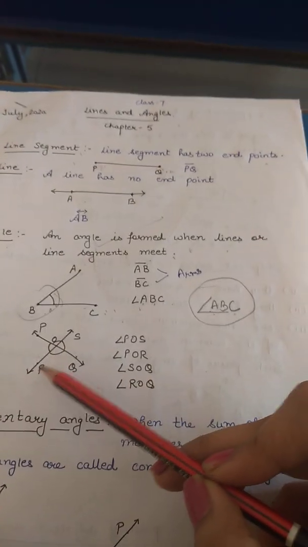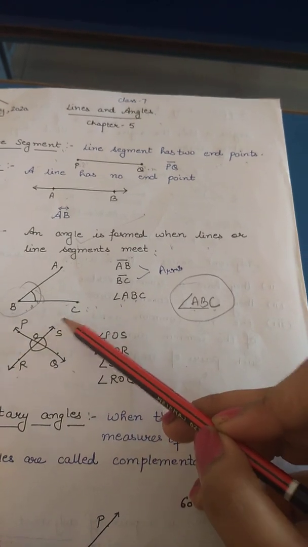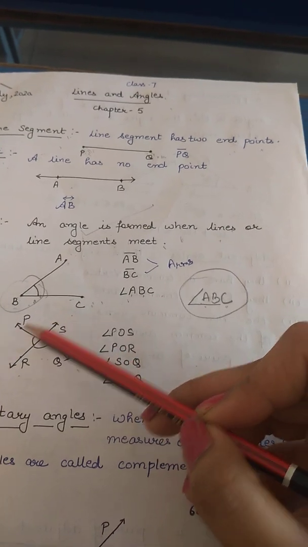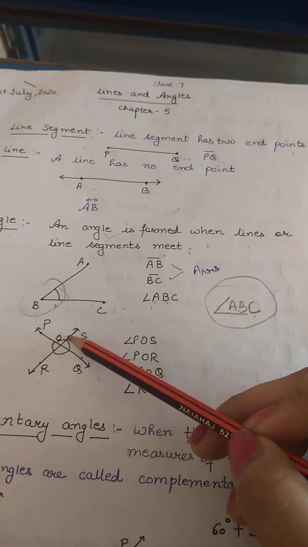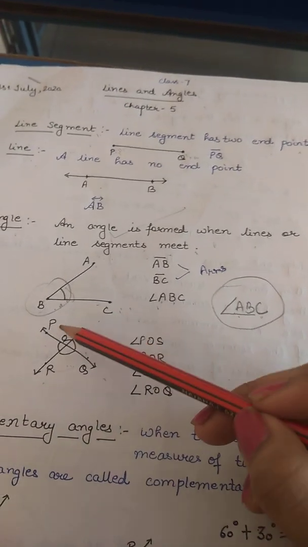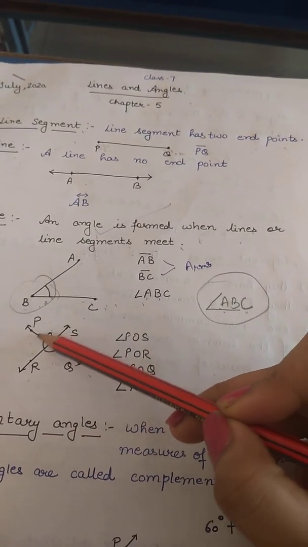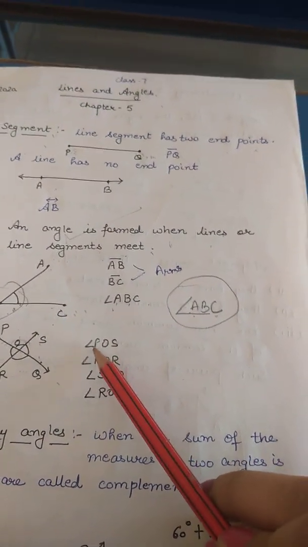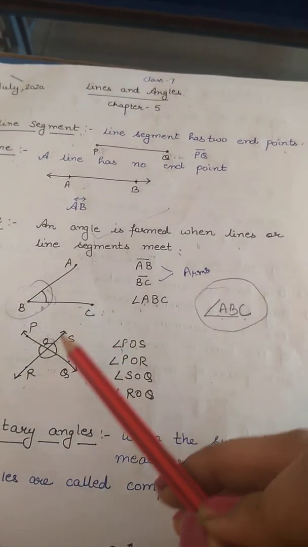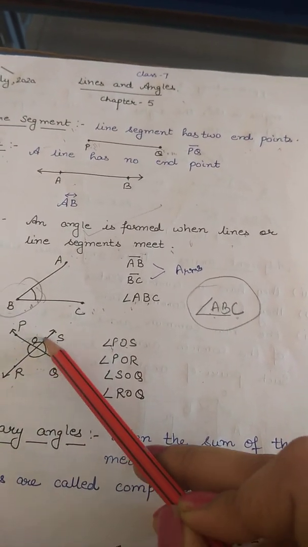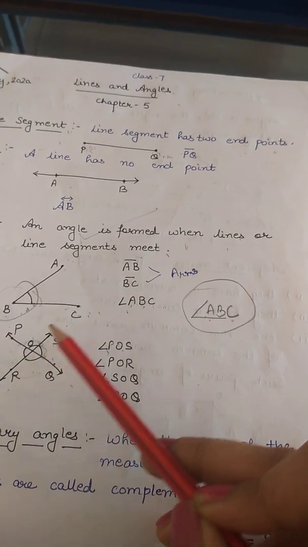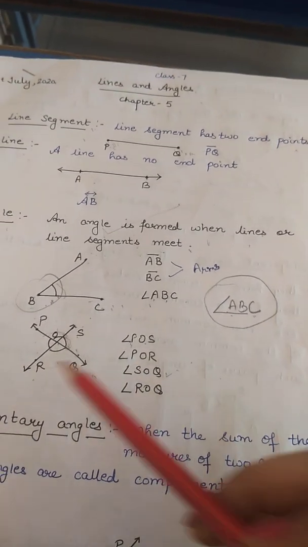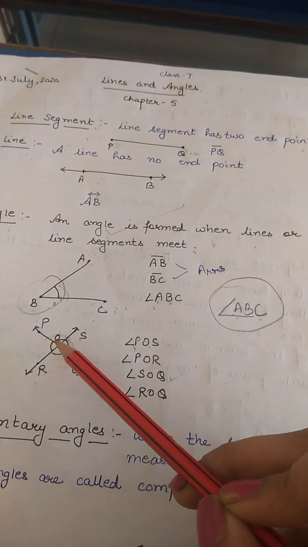Now see, here you have PQ and RS, two line segments, and there are many angles formed between them. This and this. So in total there are 4 angles. So you can write this angle as angle POS, with the symbol of angle. Now again, how can you write this angle? You can write this angle as SOQ. And then angle ROQ.